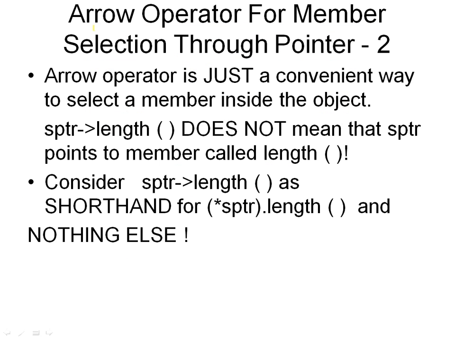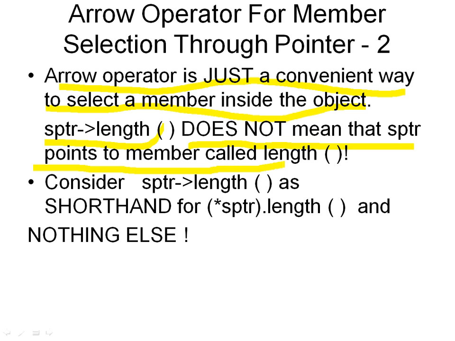You need to understand that the arrow operator is just a convenient way to select a member inside the object. SPTR arrow length does not mean that SPTR points to a member called length. That's not the meaning.